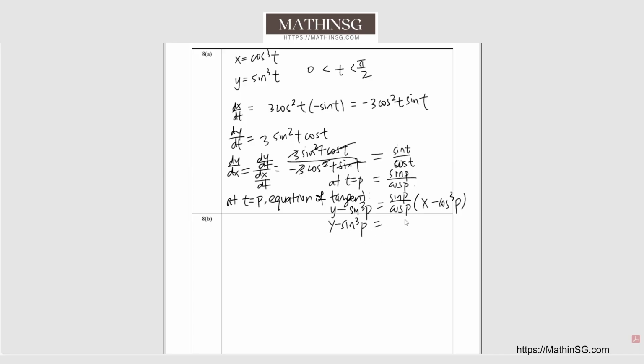So this one will be sine over cosine p. I think I can just keep this as tangent p now. Sorry, negative tangent, there's a negative. Okay, negative. Then for this one, I'll multiply it in, so it's plus sine p cos squared p. So make y the subject.